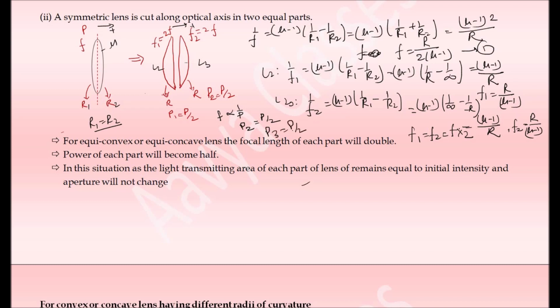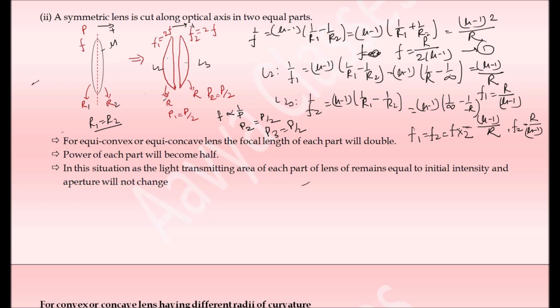Cutting a lens along the optical axis into two equal parts will make the focal length twice and power half. So all things are written here, that it is true for an equiconvex as well as an equiconcave lens. For an equiconvex or equiconcave lens, the focal length of each part will double, and the power of each part will become half.